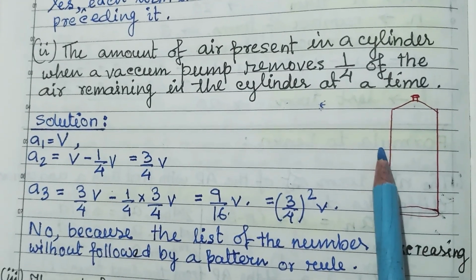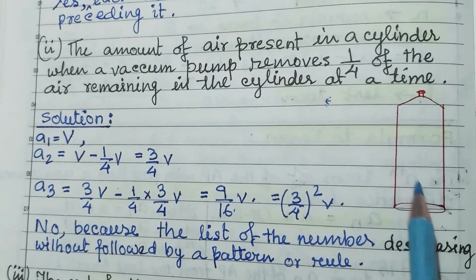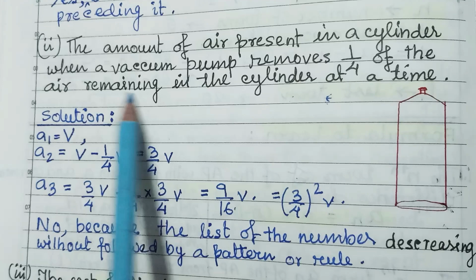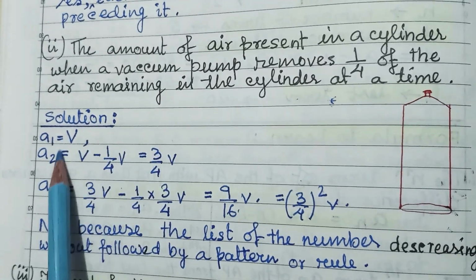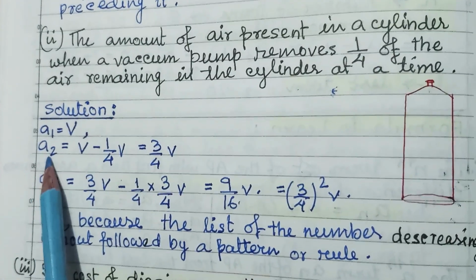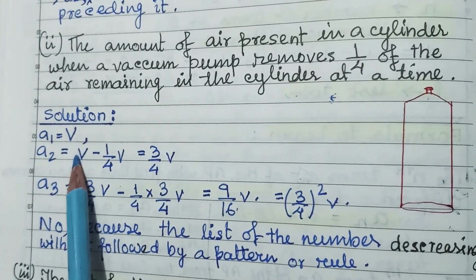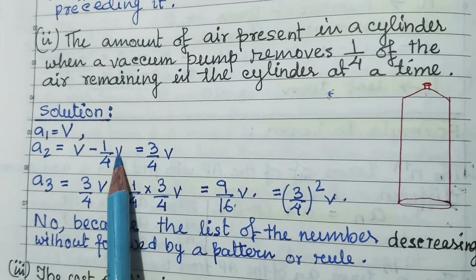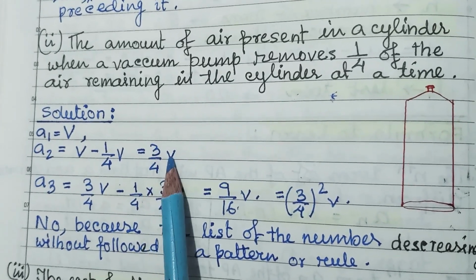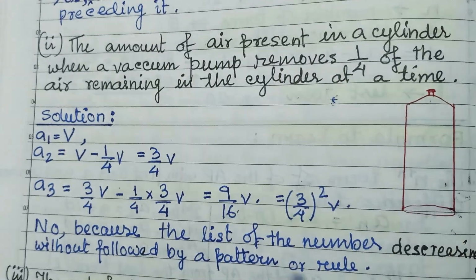Suppose this much is taken out. These parts are not the same, because it is 1/4 of the remaining part. So a1 is the total volume V. a2 is the total volume minus 1/4 of the volume, so it is 3/4 V. So it is not in AP.